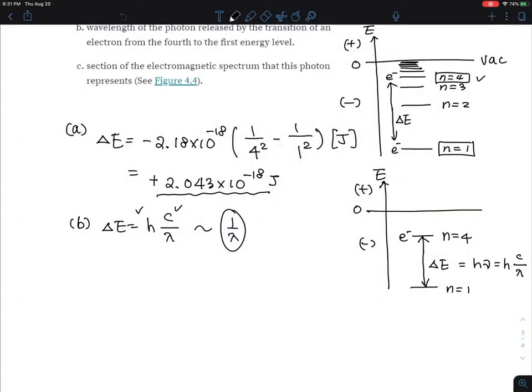Using these energies and the Planck constant and speed of light, you can calculate lambda, or you can do the shortcut, which is using 1 over lambda equals R_H times the quantity n1 squared minus n2 squared, as the equation is given here.